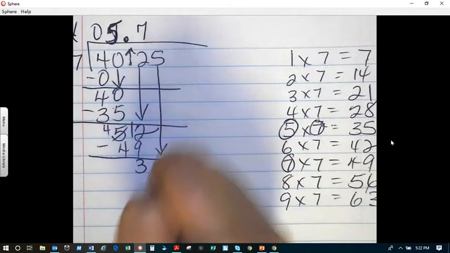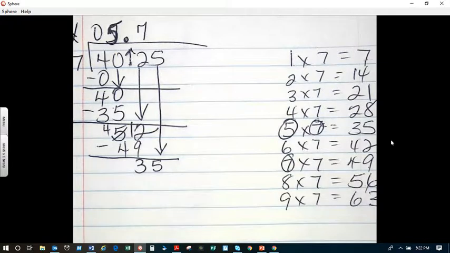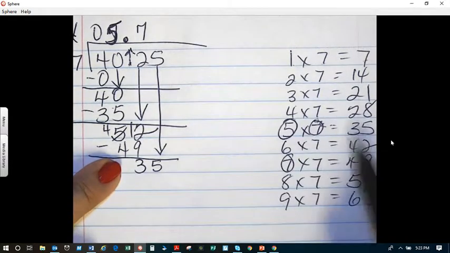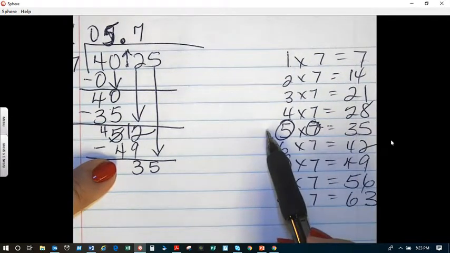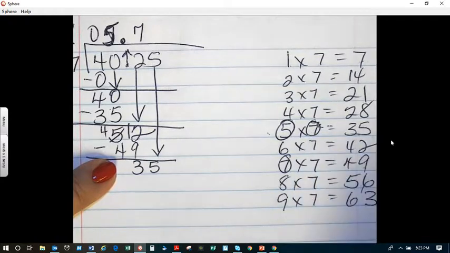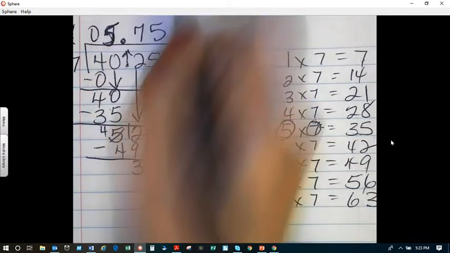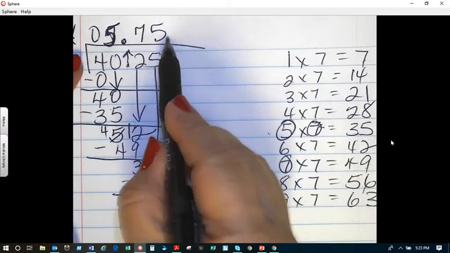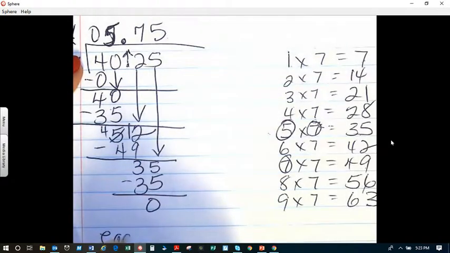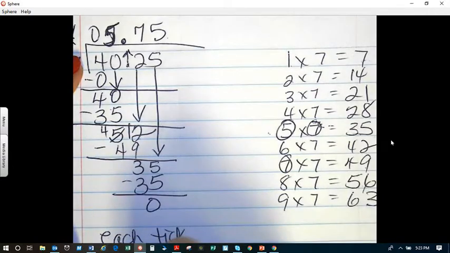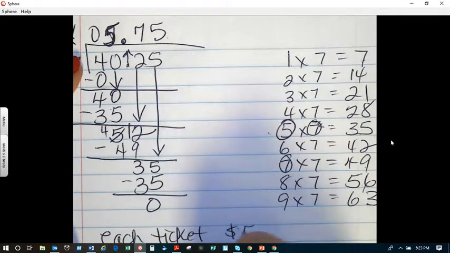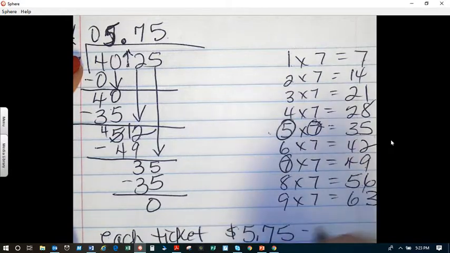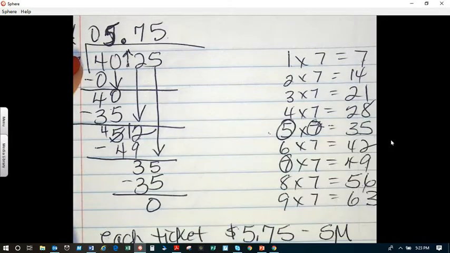Bring down my next number. How many groups of 7 can go into 35? Looking over here, again I have 5 groups of 7. Goes into 35. So each ticket cost $5.75, and this was for the Science Museum.